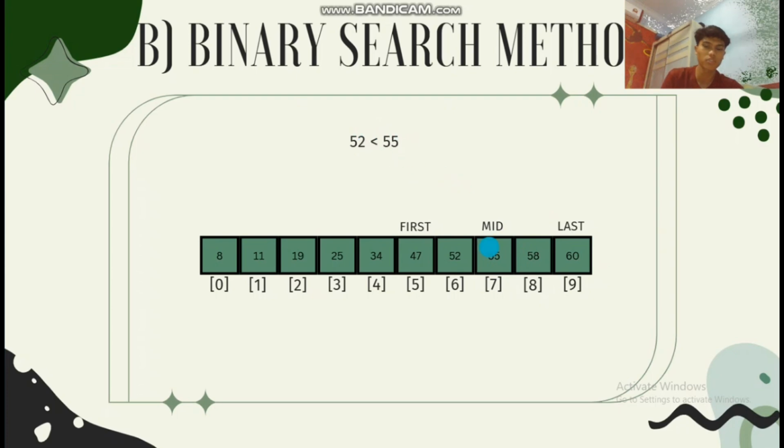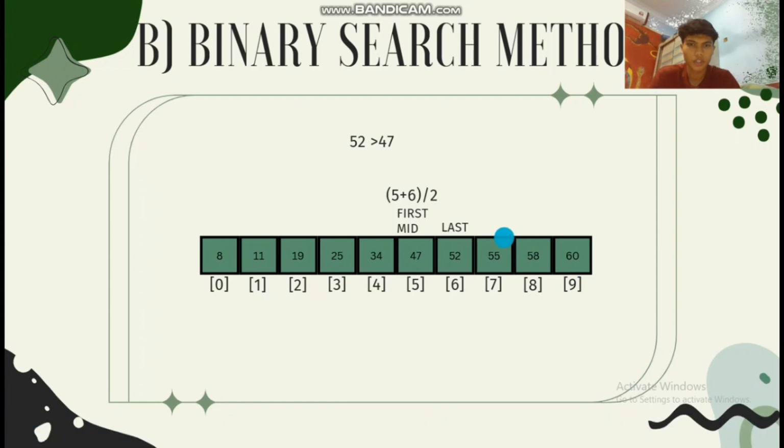So it means we forget this, and we focus here on index 5 and index 6. After that, we need to find a mid. The 47 becomes the first and mid, because to find a mid we need to see the first and last, which are index 5 and index 6.